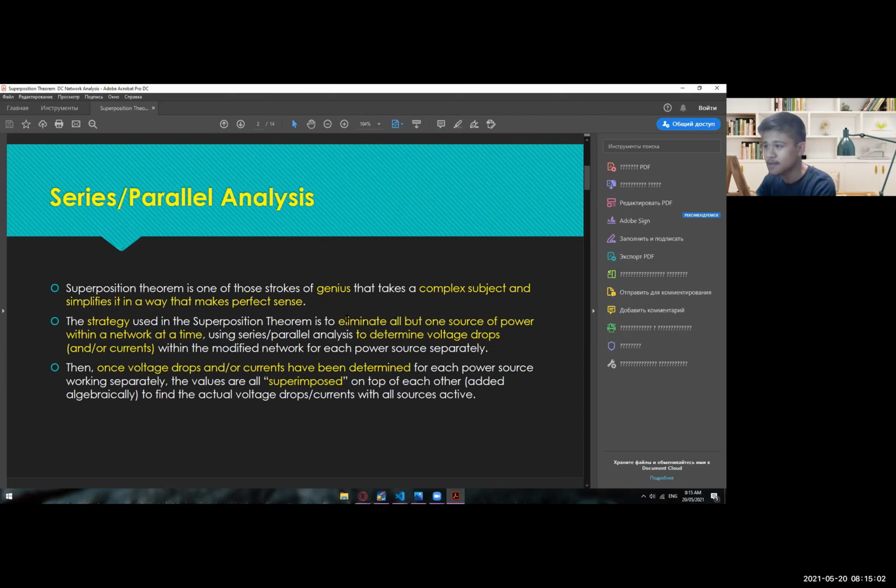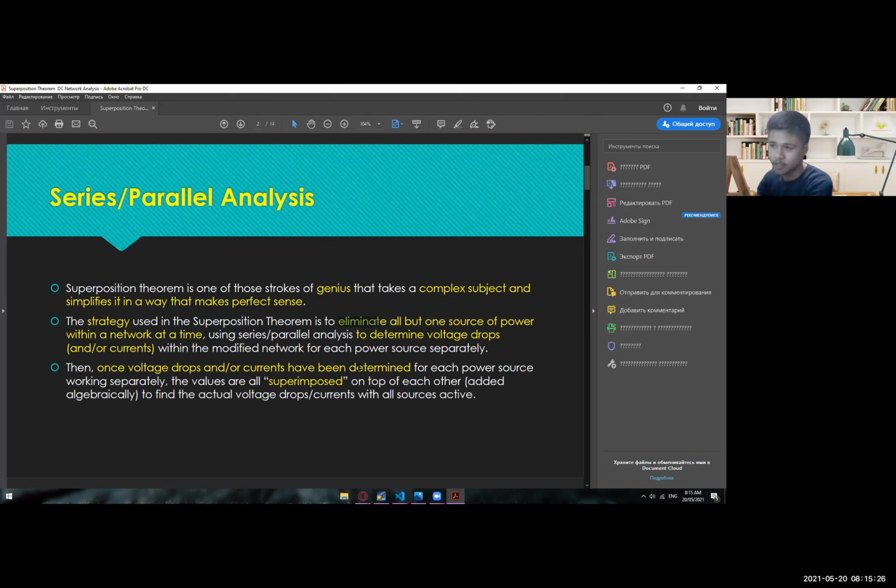Meaning, as you can see right here, we will eliminate everything and retain one voltage source. If we have two voltage sources, we're going to have two computations. We eliminate the other voltage source for now and solve for the retained one. That's your first computation, and then vice versa.